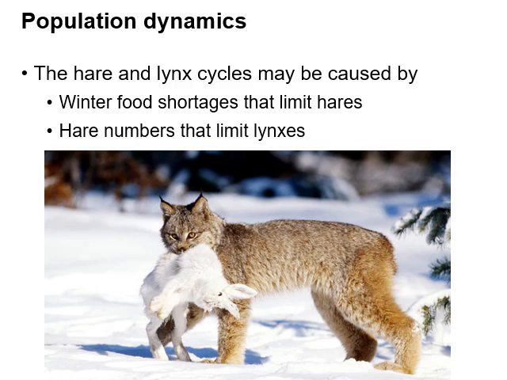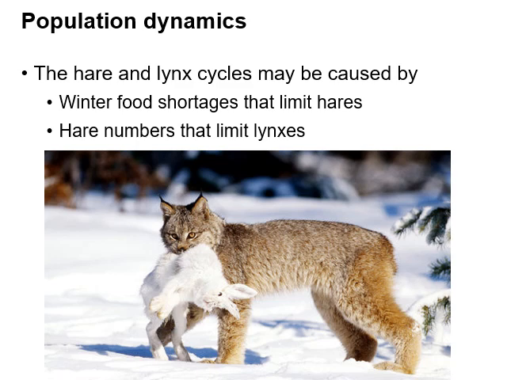The cycles that you see going on here are caused mainly by shortages in food in the wintertime. During really bad winters when there's not a lot of food for the hares, the hares really diminish in numbers, which causes the lynx to decrease in numbers. When there's really good availability of food, the hares are going to increase, which then means that the lynx are going to increase. So the hares limit just how many lynxes can be in the population.